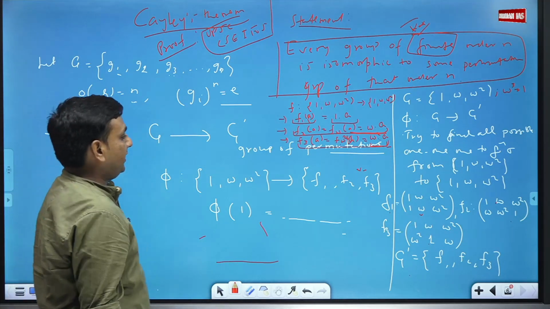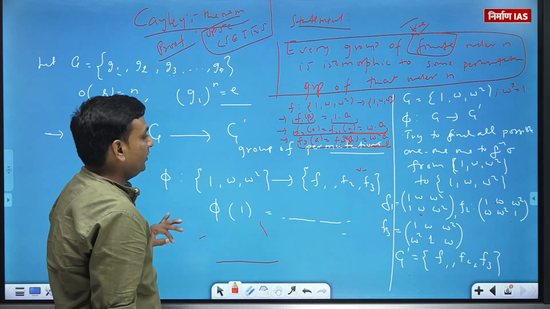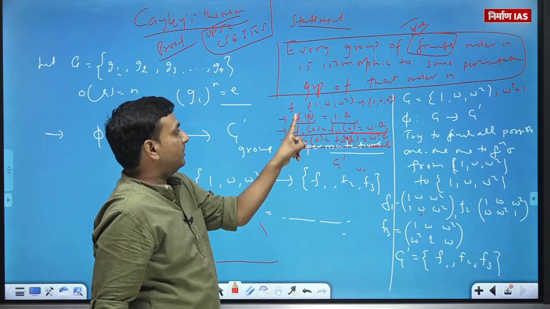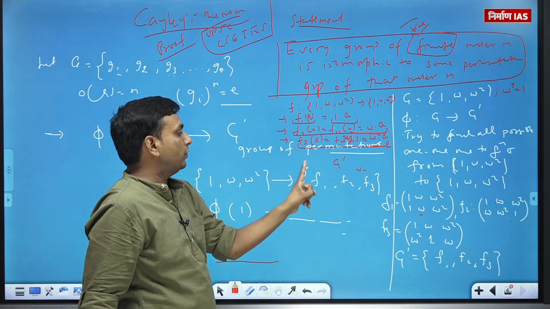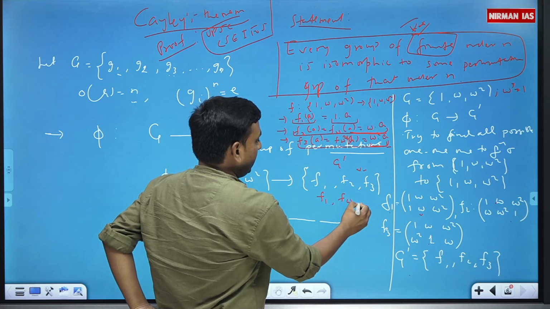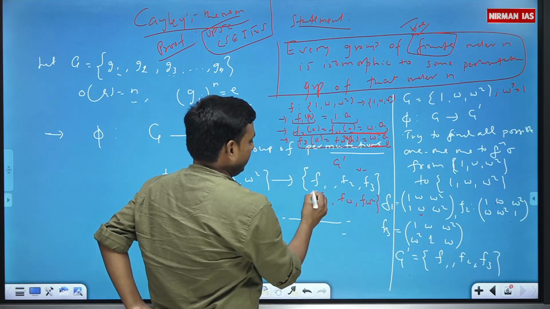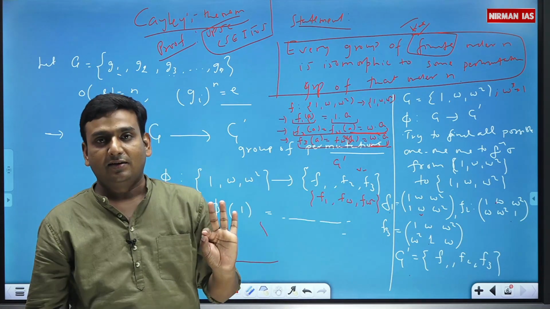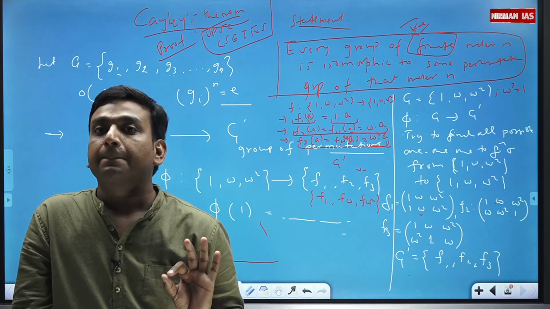I am constructing another group, which is my Z dash, where the elements come from these f1, f omega, f omega square. So what is G dash? Any doubt here?